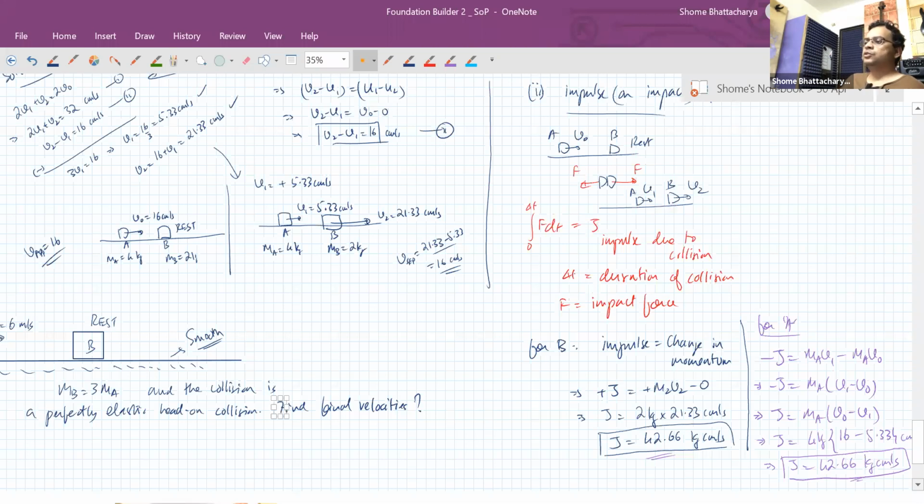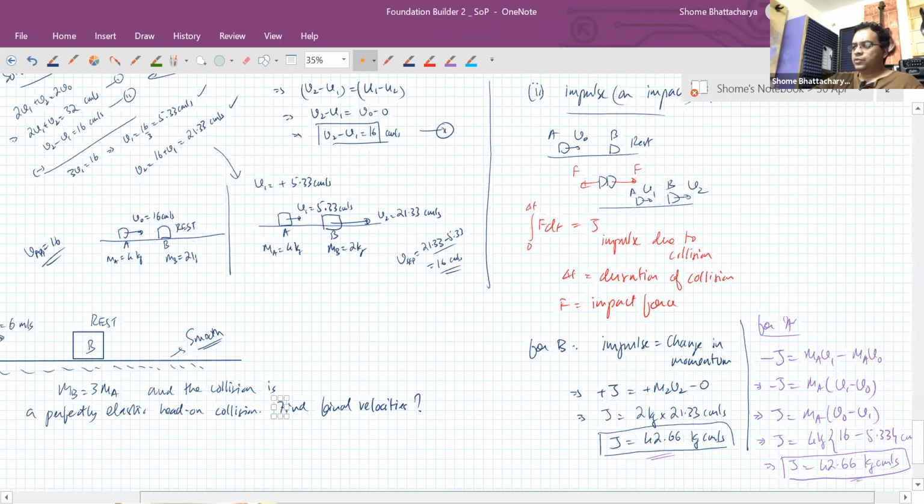It's towards the left, so it should be written as minus J. That should be equal to the change in momentum, final momentum minus initial momentum. So that will give you the same magnitude of J as you are getting for B. Obviously their magnitudes have to be the same because they are an action-reaction pair.